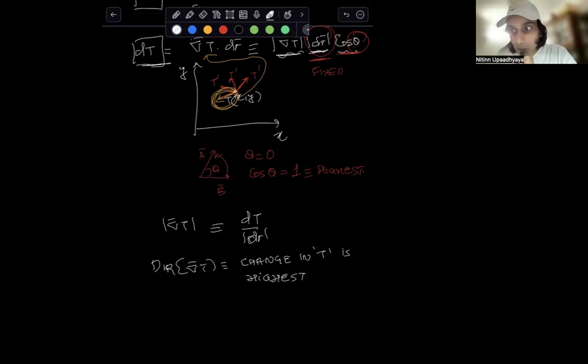So in other words, the magnitude is the slope. The magnitude of the gradient is a slope along the direction of maximum ascent. So the gradient is a vector. It has a magnitude and a direction. The direction is that direction where the change in the value of T is the highest, and the magnitude is the slope along that highest direction.